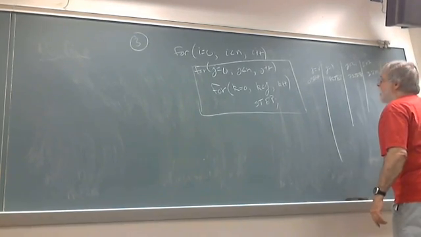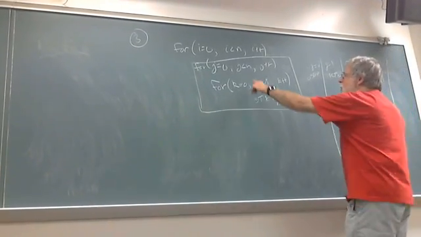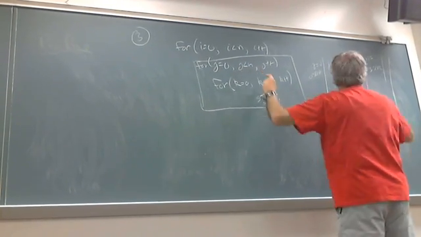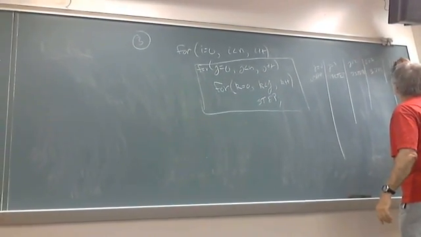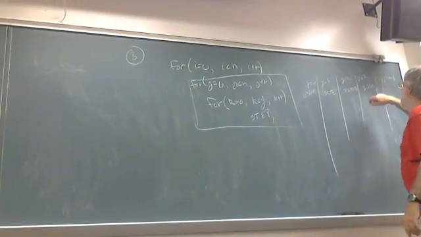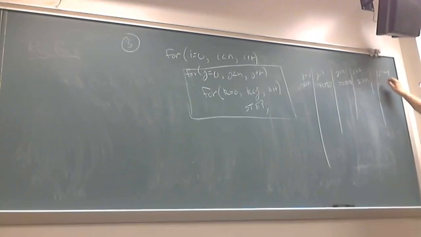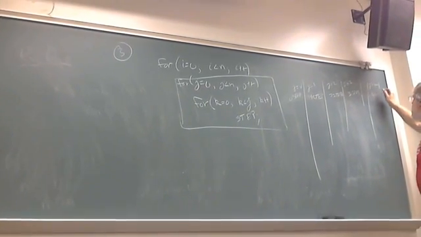Dot, dot, dot. Finally, the last time through is when j is n minus 1. And notice when j was 1, we got 1. When j was 2, we got 2.